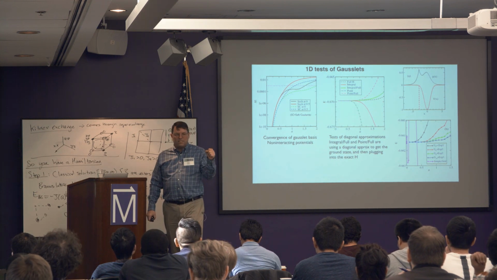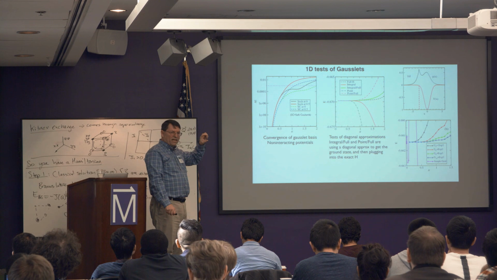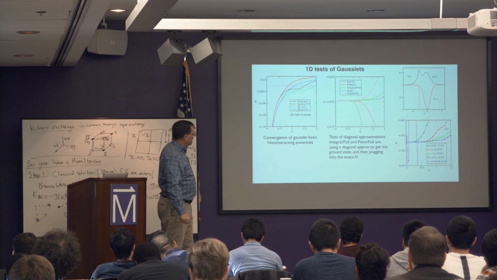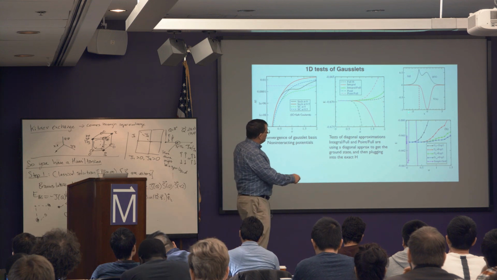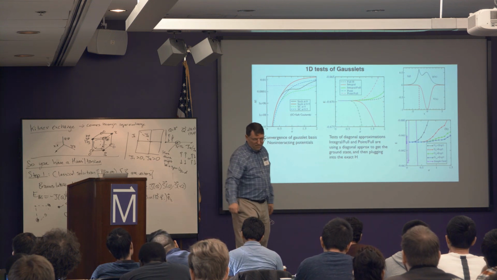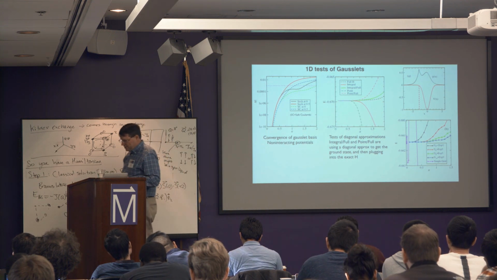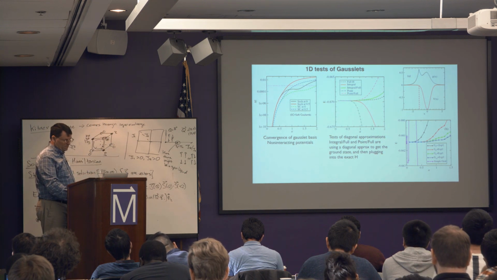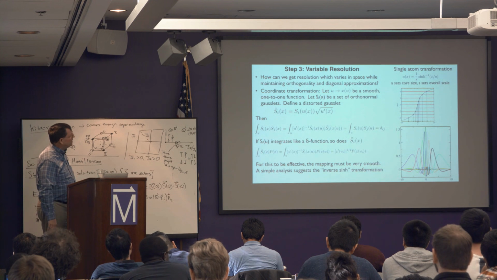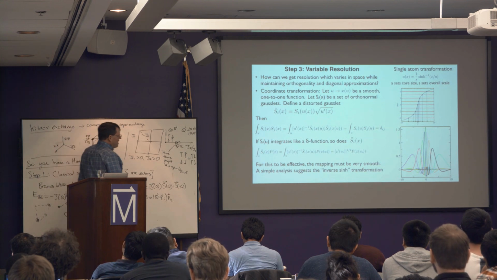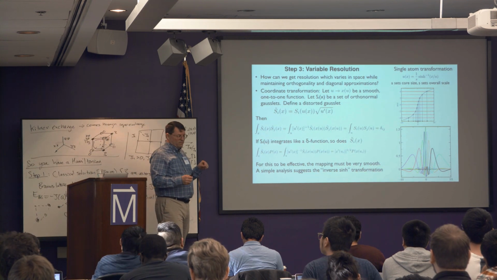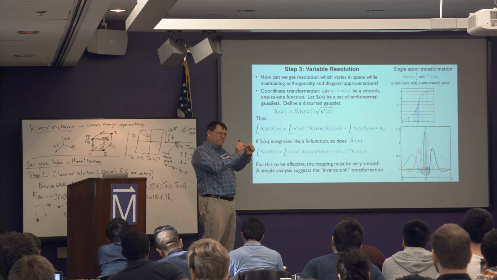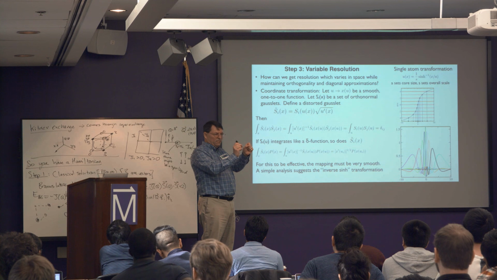So the diagonal approximation is not exact for a fixed spacing, but it converges rapidly to your exact answer. And here are a couple of other tests. You can throw extra functions with singularity properties into the Gauss-let basis. But let's move on.